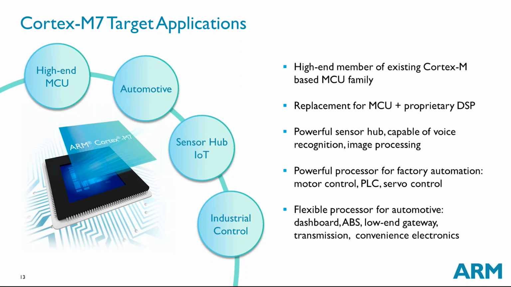It's applicable as a sensor hub, for example, connecting many sensors via I2C or SPI and managing the data that comes in. It's also applicable as a factory automation controller or in automotive applications.